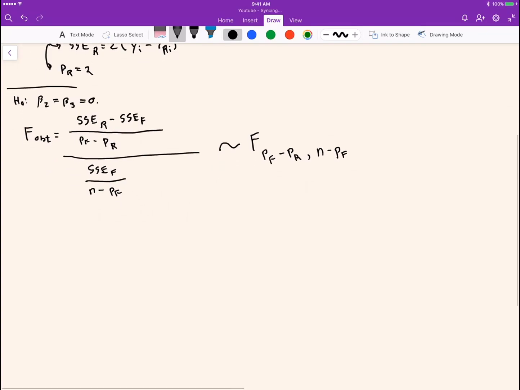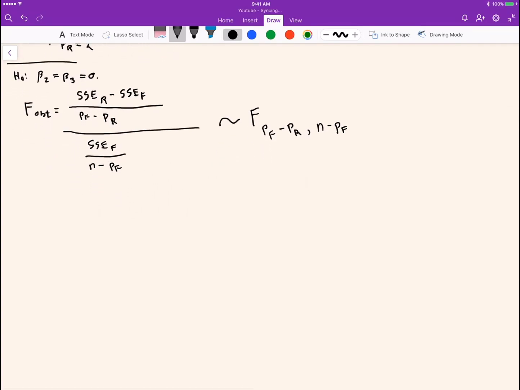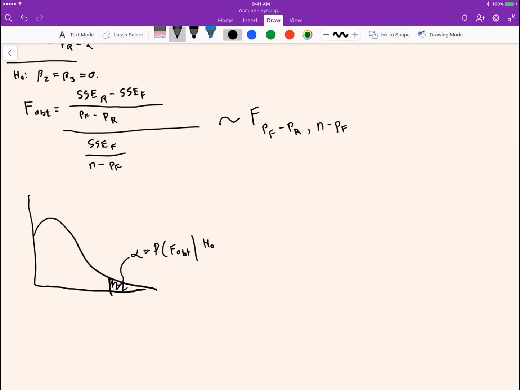And to make a decision about rejecting or failing to reject, we would compare the obtained value to an F distribution where we specify some alpha, which is the probability of getting this obtained F value if the null hypothesis were true, which is the same as saying if those parameters that we're interested in testing are all 0.